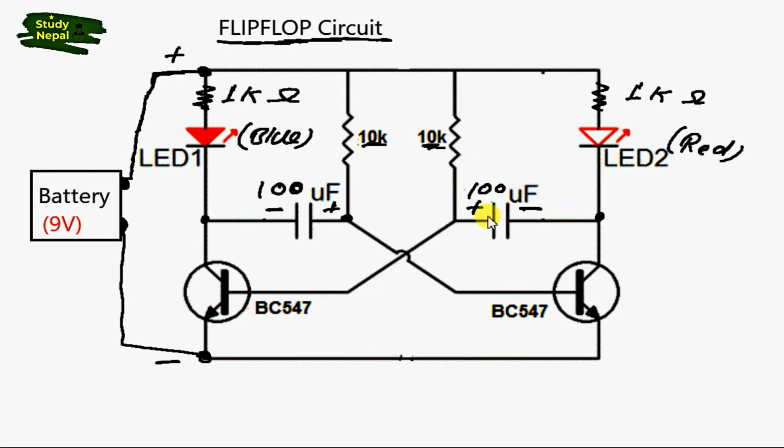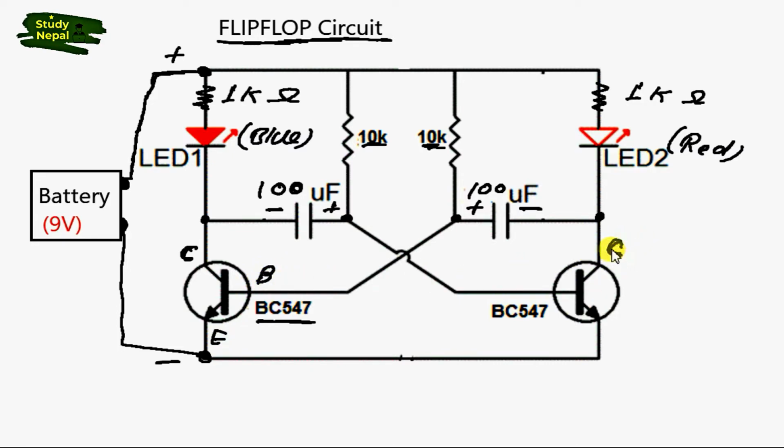Likewise the second capacitor is also connected to the 10 kilo ohm resistor at the positive terminal, and then the negative terminals of both capacitors are connected to the transistors. This is the BC547 transistor. The upside one is called the collector, the downside one is called the emitter, and the middle one is called the base, same here.